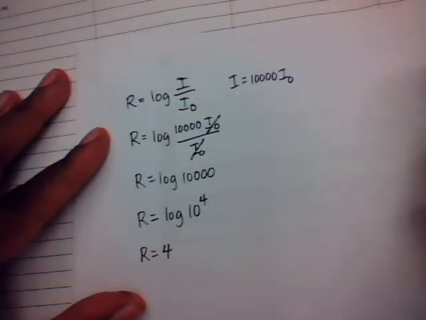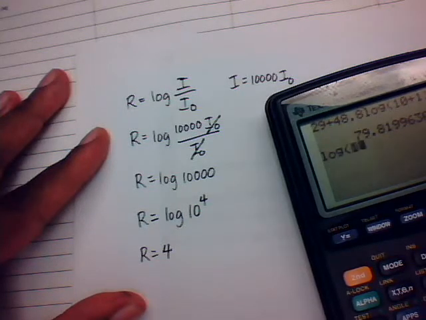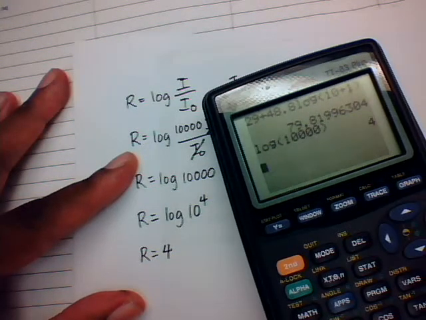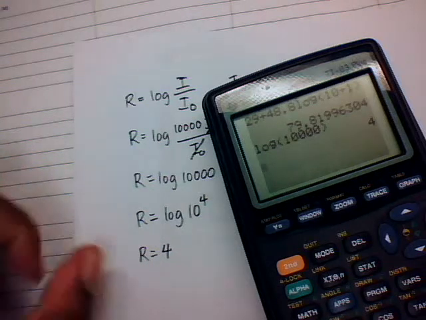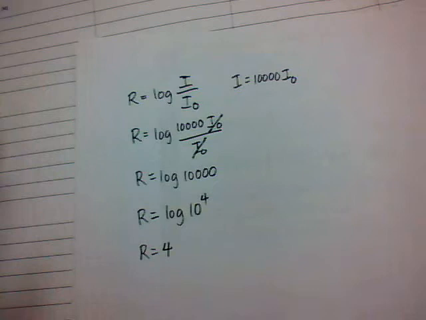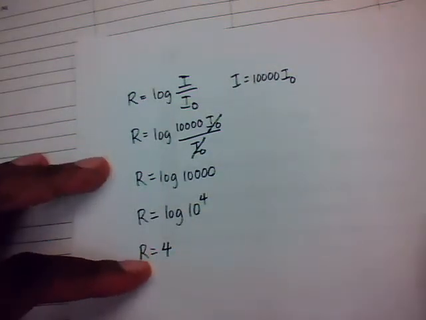Now again, you can type it in by pressing the log key and then 10,000 and then hit enter. You'll see that the answer would be 4. Okay, but I was just showing you how you can use the common logarithm properties to do this without the use of a calculator.